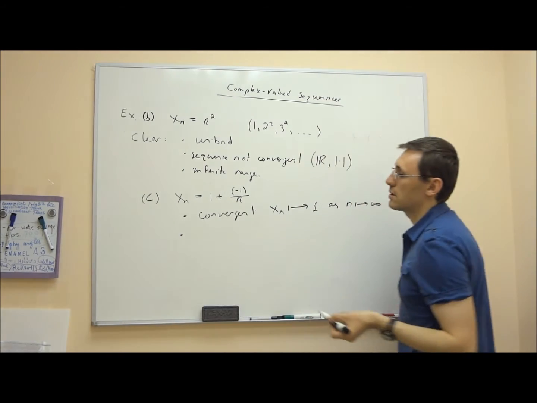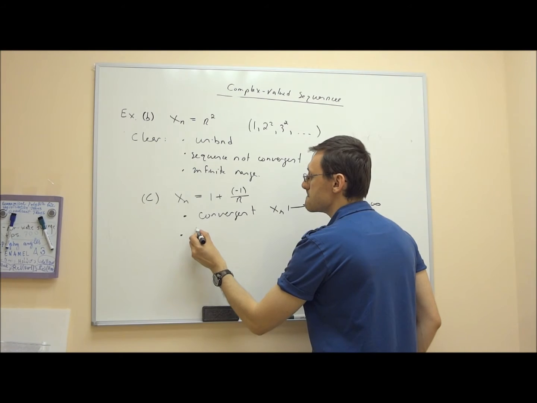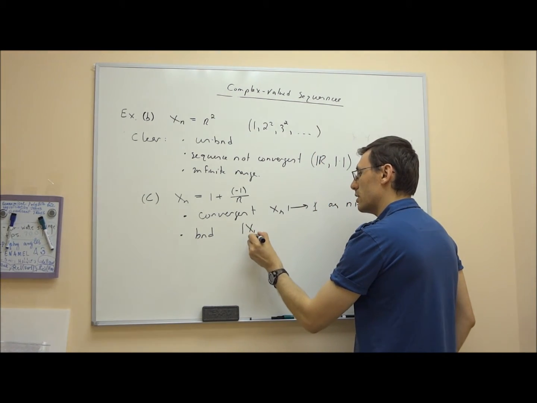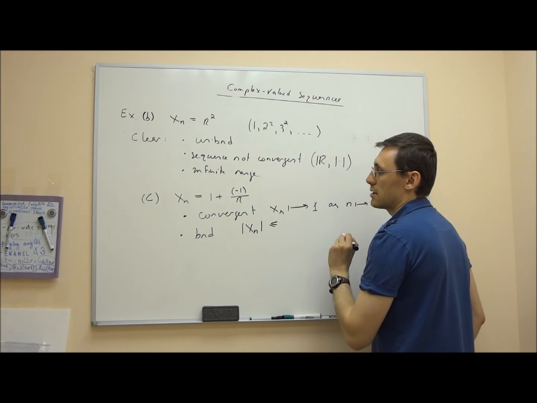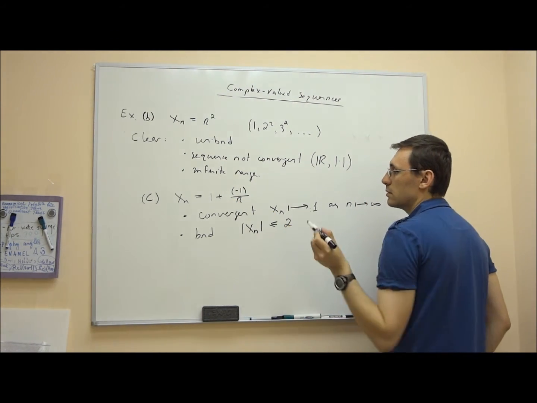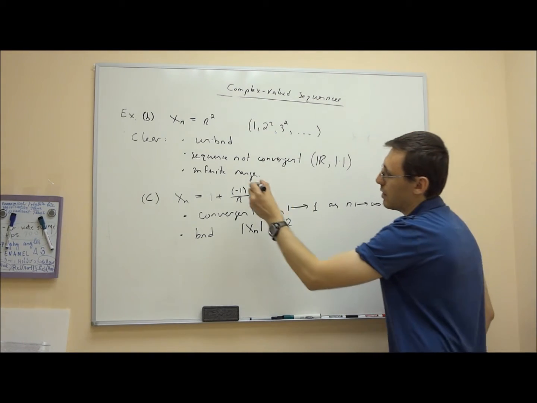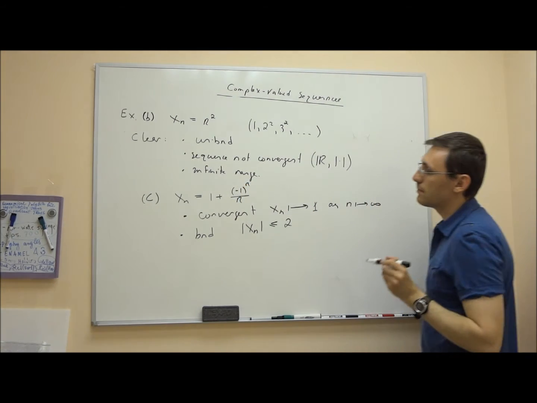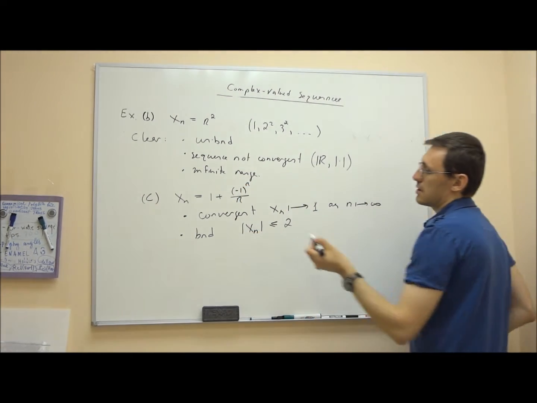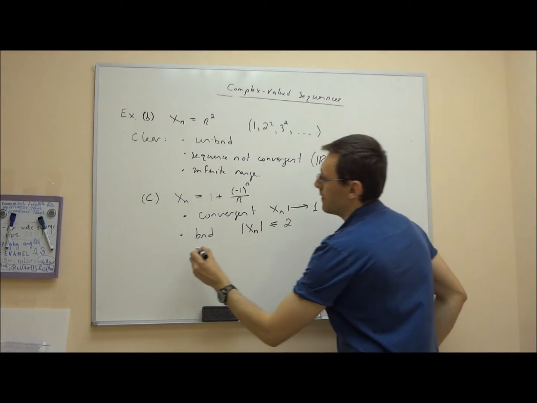As soon as you know that the sequence is convergent, that right away tells you it's bounded. Without trying too hard, you can see that each x_n is smaller than or equal to 2. By the way, I should have said minus 1 to the n. So it's bounded, it's smaller than or equal to 2, and it has infinite range.